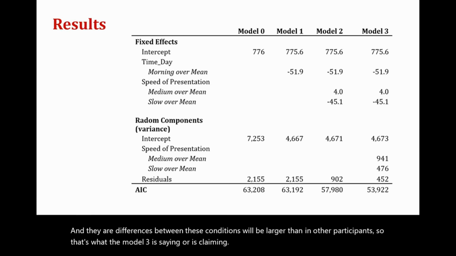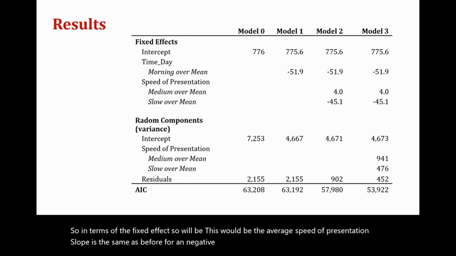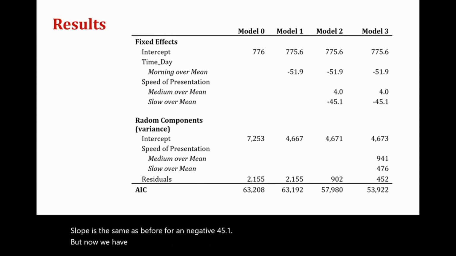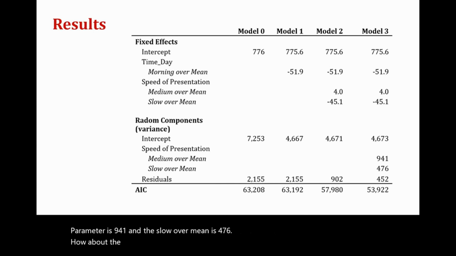So in terms of the fixed effects, the average speed of presentation slope is the same as before, 4 and negative 45.1. But now we have the variability, and the variability of the medium over mean parameter is 941, and the slope over mean is 476. How about the residuals? The residuals go down, and go down dramatically again.